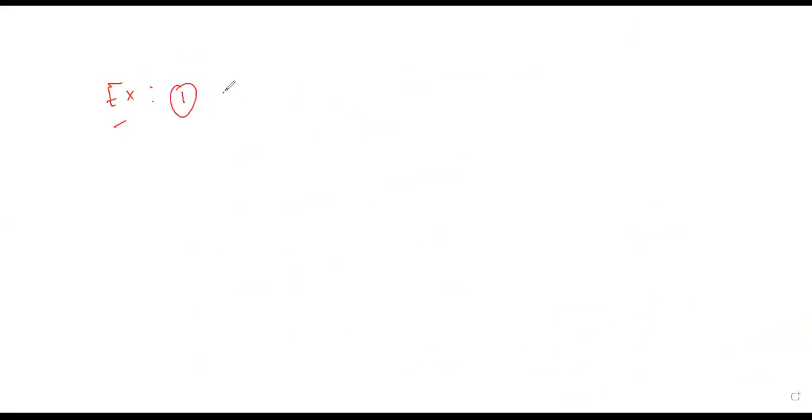The first question: (x plus y) p plus z times (x minus y) q is equal to x square plus y square.